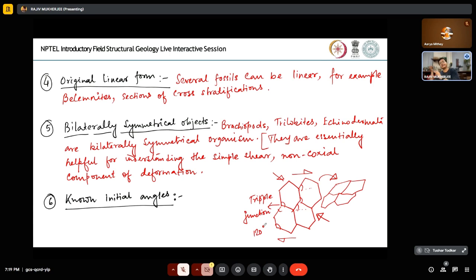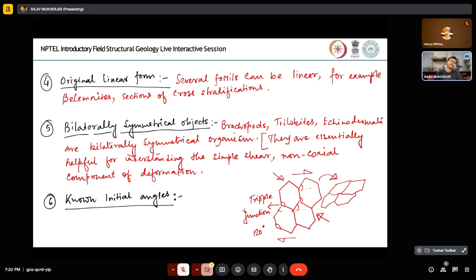So these are some features we rely on, even if the strain marker that we are considering is not of simple geometric shape, because polygons are not simple geometric shapes. We either have to have some circles or spheres or lines, or even, say for example, a square or a rectangle, right? But other than that, we just have to rely on the angle.